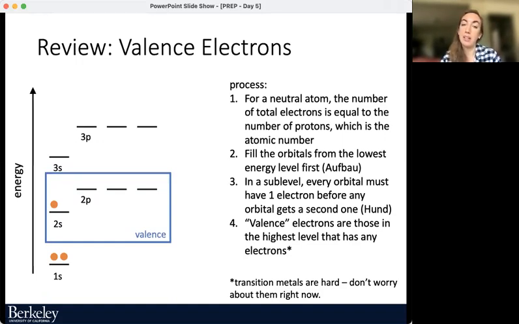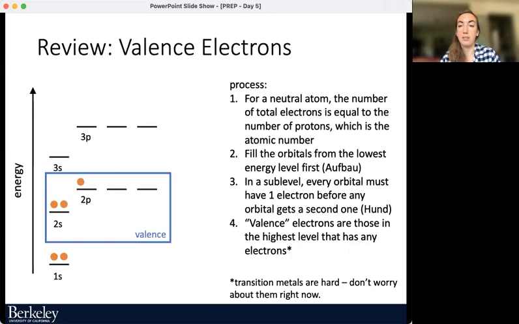Lithium has 1 valence electron and 2 core electrons. Core electrons are whatever electrons are not valence electrons. Okay. Then if we move on to beryllium, it has 4 protons, 4 electrons, so 2 valence electrons, 2 core electrons. Then boron, and so on and so forth.